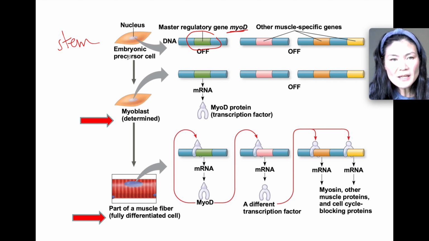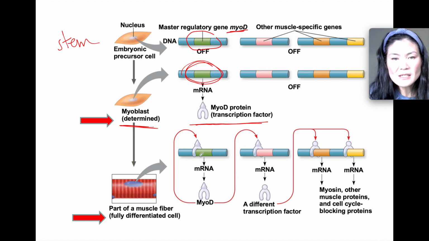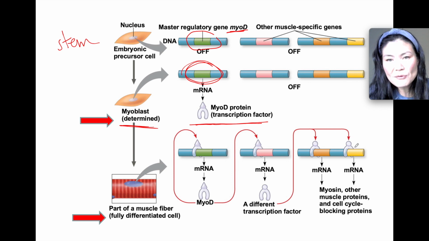So let's say this is our stem cell, and then it becomes determined, meaning that those genes have to be turned on. It turns on when the master regulator gene is expressed. The master regulator gene codes for a transcription factor protein, and that transcription factor is going to turn on the other 3 genes that are associated with muscles. And so then that cell starts to make muscle proteins.